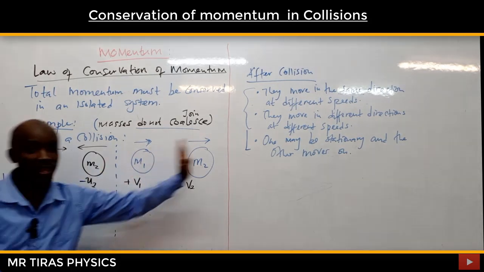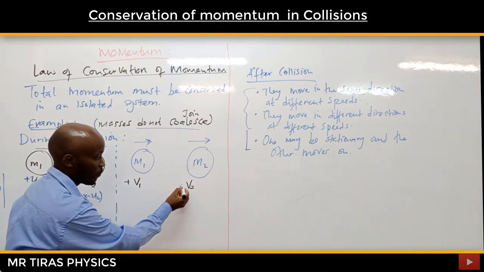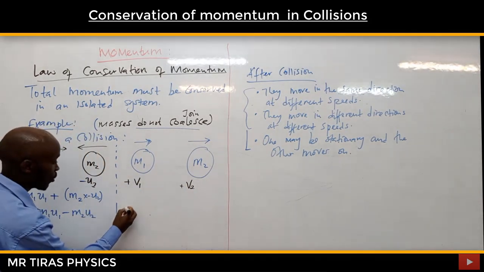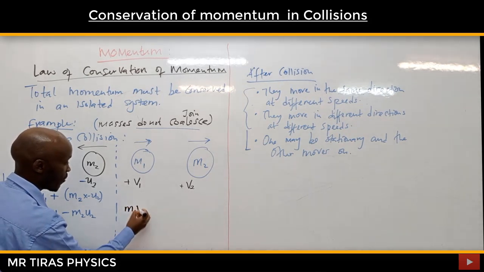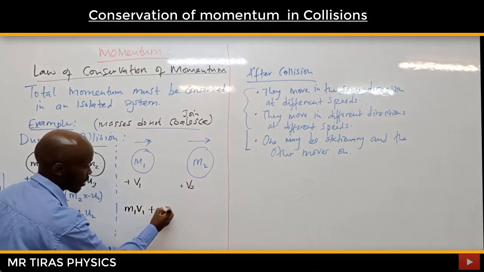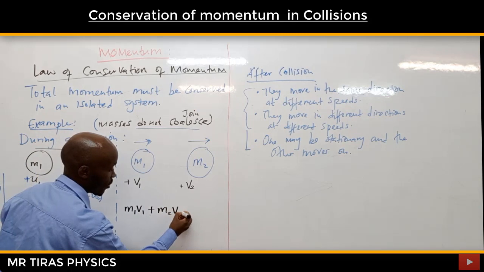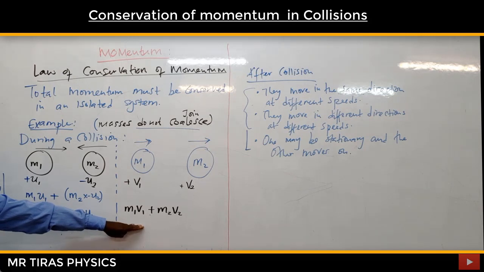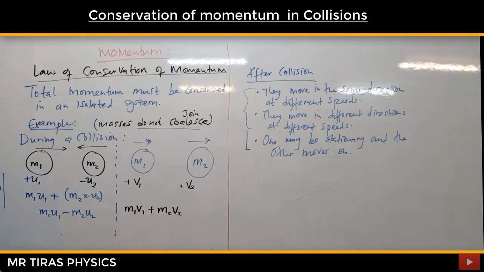And this one moves in that direction, so this will be positive now. So finally, after collision, total momentum will be m1 v1 plus m2 v2. So that becomes our momentum after collision. Is that clear?